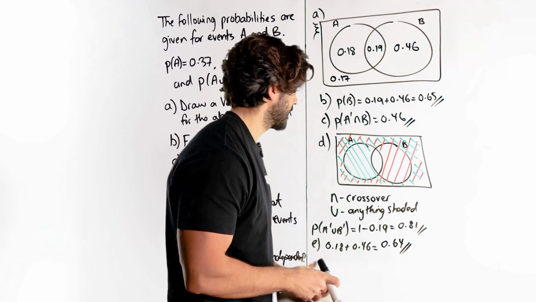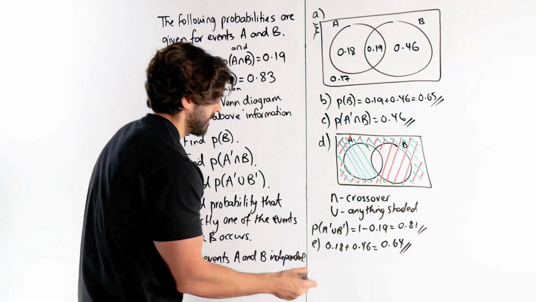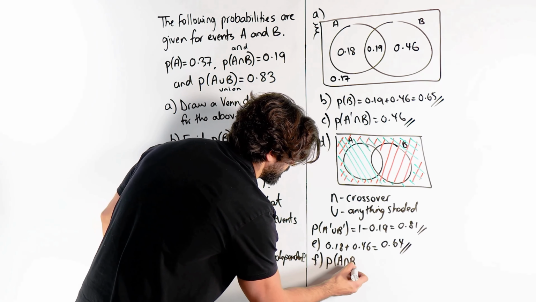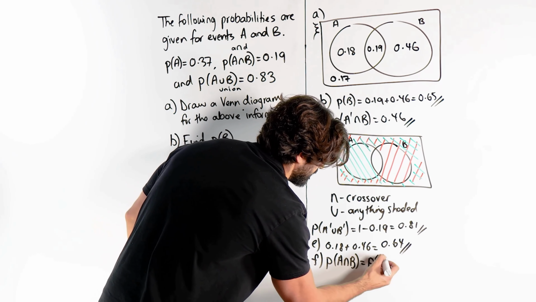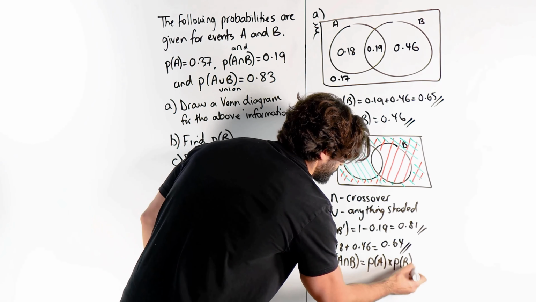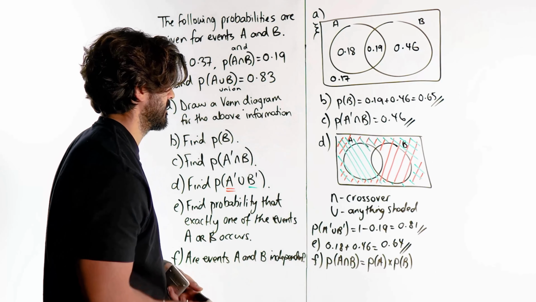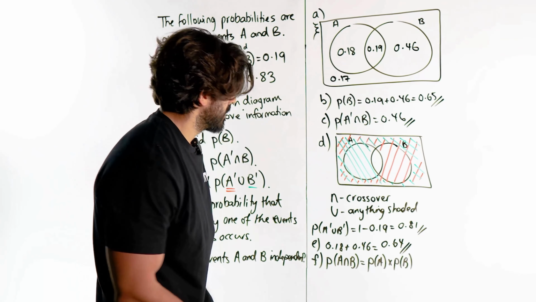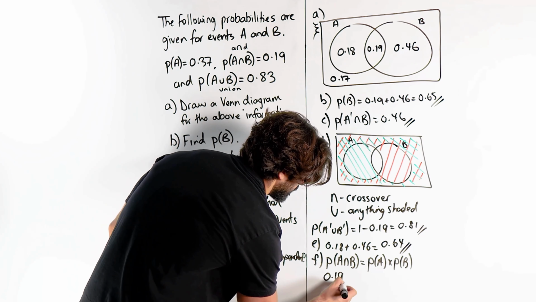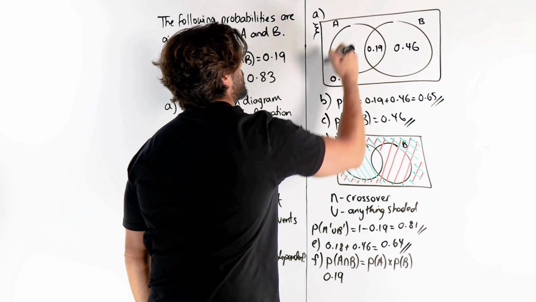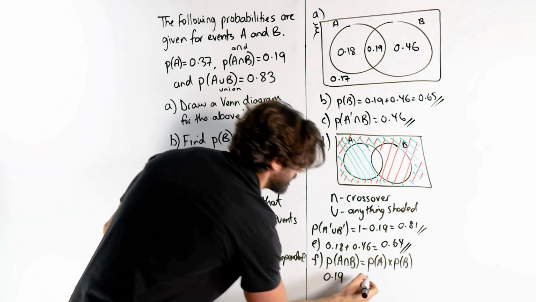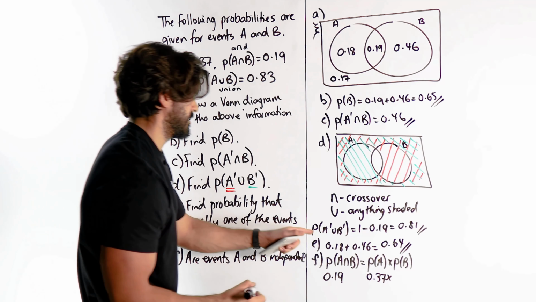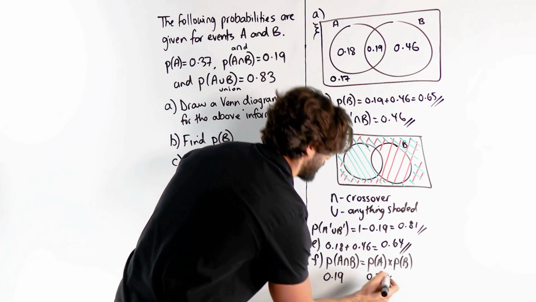They're independent. Okay. So for part F, we need to check if the probability of A and B is equal to the probability of A times the probability of B. Now, the probability of A and B is 0.19. The probability of A, we already know that, right? The probability of A is 0.37 times the probability of B, which we worked out to be 0.65.